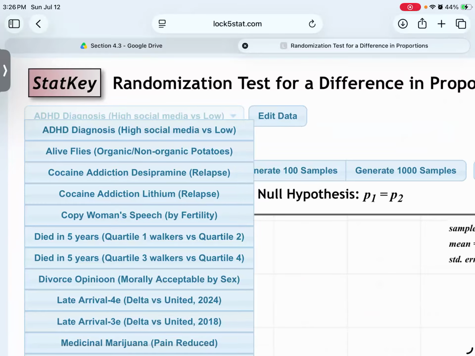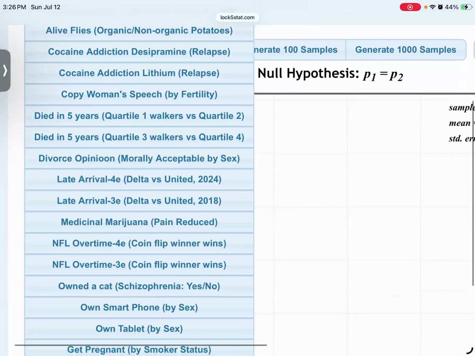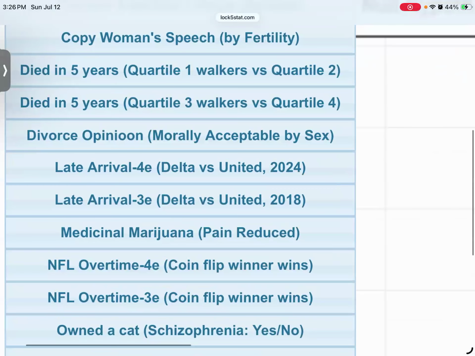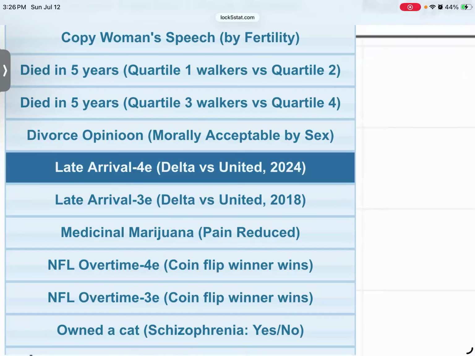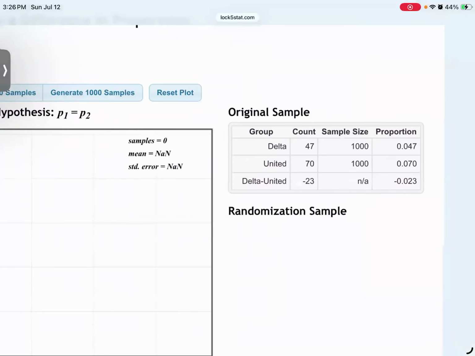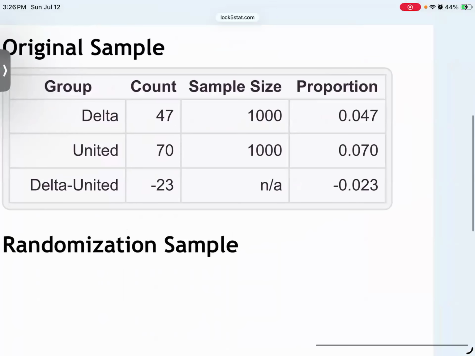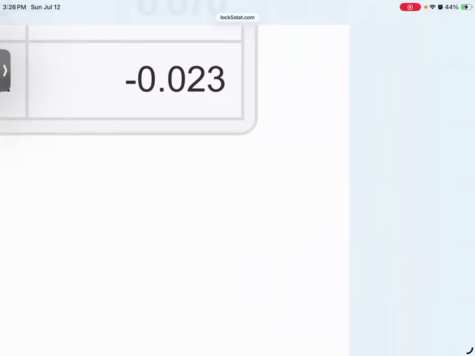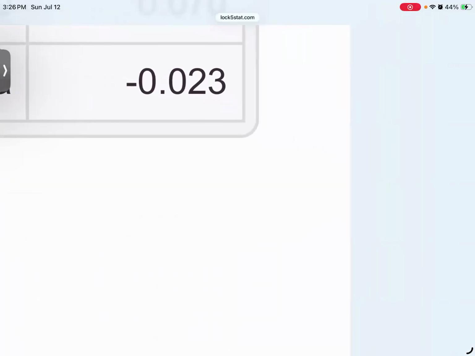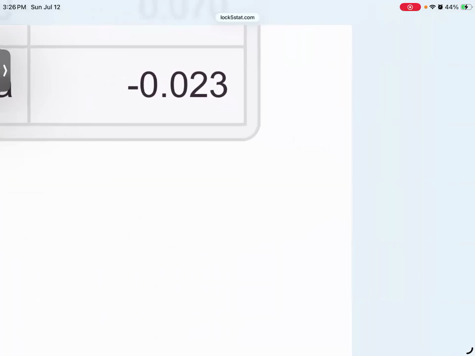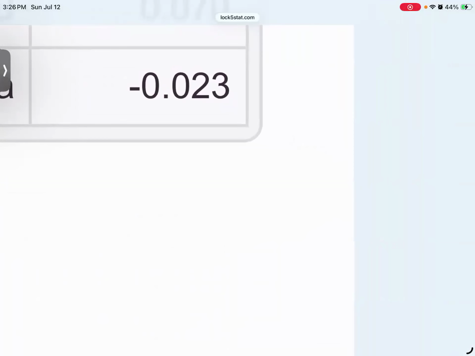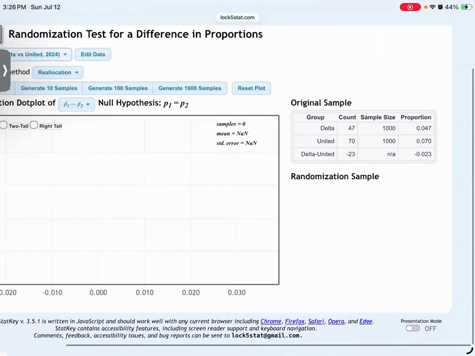On the drop-down, there it is. You can already see it: Late Arrivals, Fourth Edition, Delta versus United 2024. There's that negative 0.023, which we calculated. They already calculated it here. This is saying that Delta is better. Delta has 2% fewer late arrivals than United. But let's see if it was a fluke.